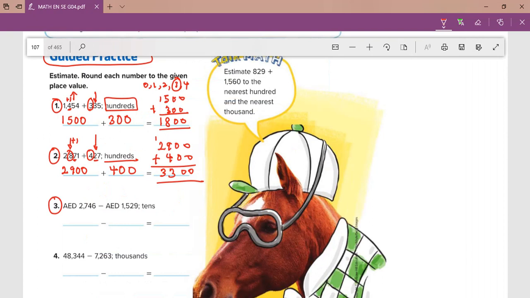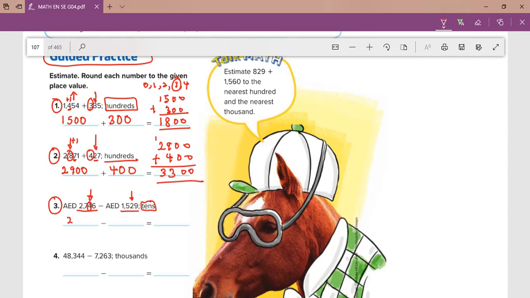So in the number 3 example, we have 2,746 minus 1,529, and we are to round to the tens place. So check the tens place digit. Remember, that is the second number from the last. So we have this 4 and this 6. That is the tens digit, 4.